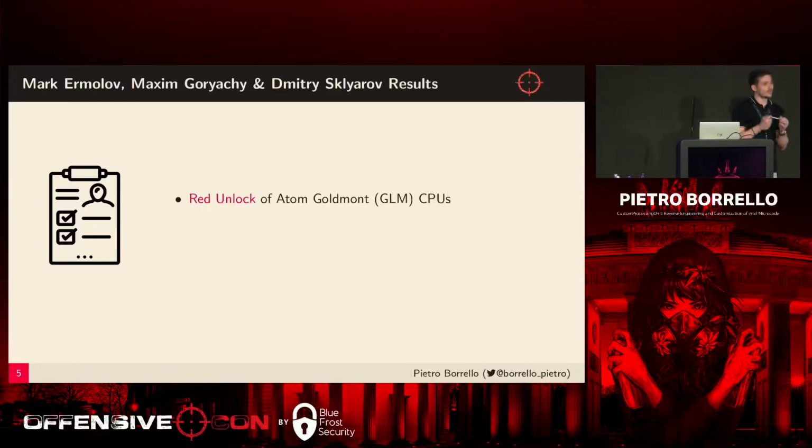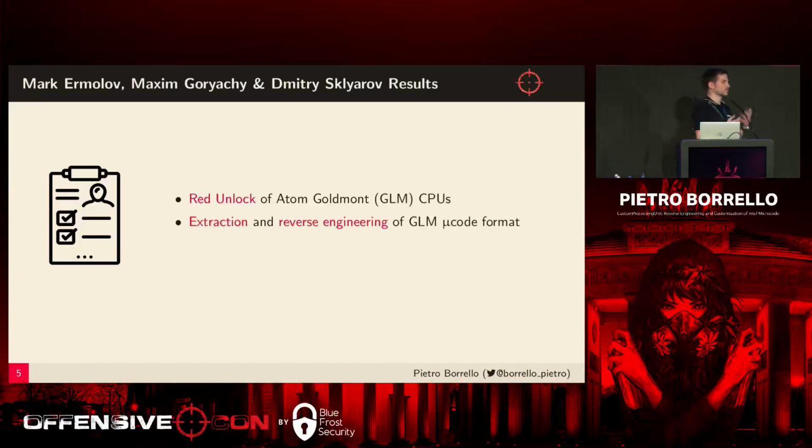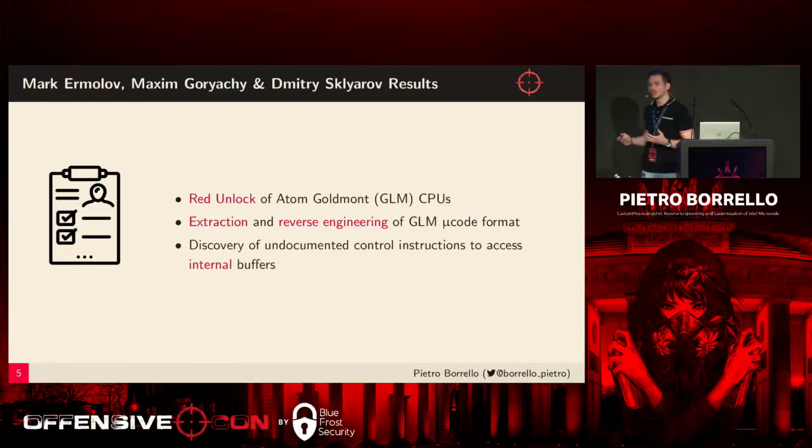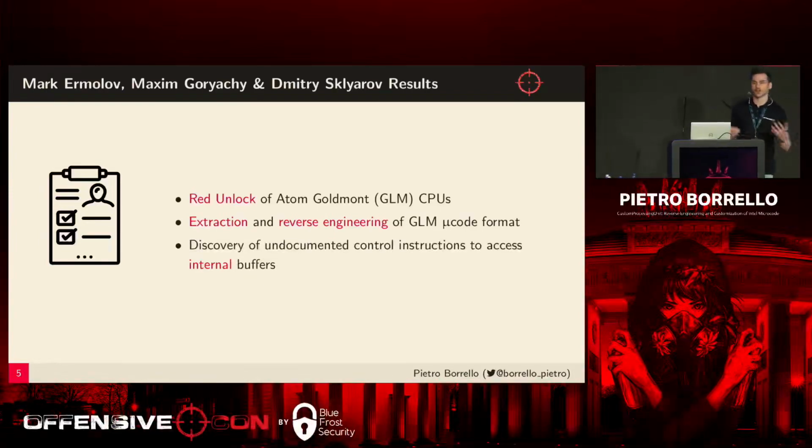Red unlock is a very interesting and particular state of CPUs, where you basically are able to debug and access the internal buffers of the CPU using an external debugger. Using their red unlocked CPUs, they extracted and reverse engineered the format of Goldmont microcode. And while reverse engineering that format, they discovered a few undocumented instructions that are able to access internal buffers of the CPU from software.